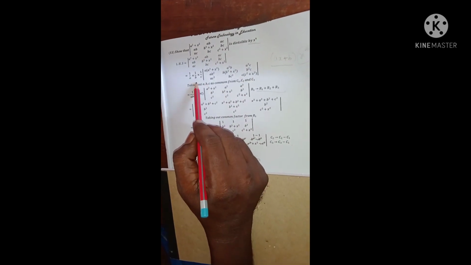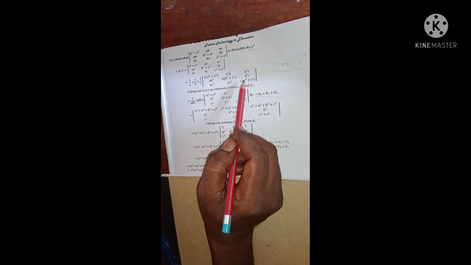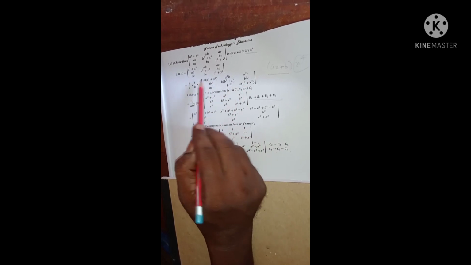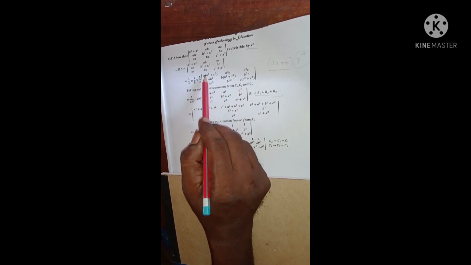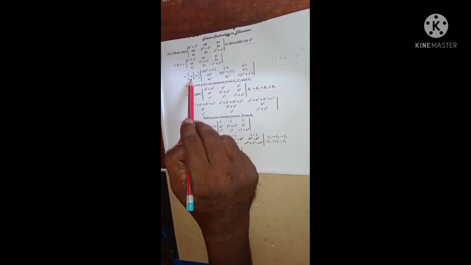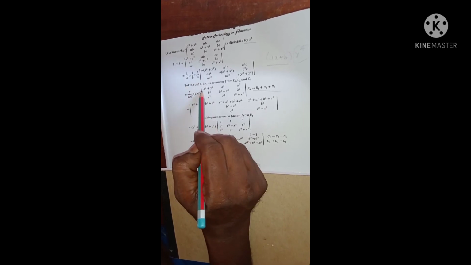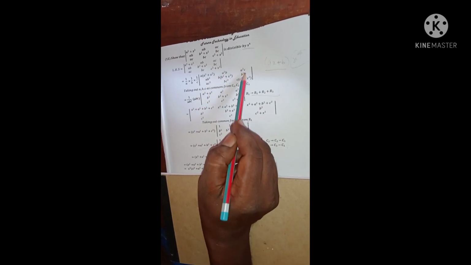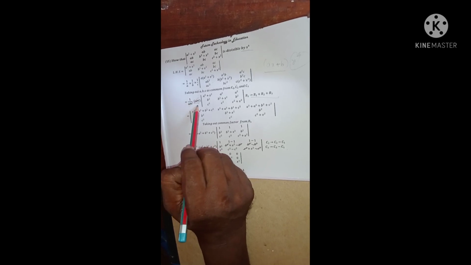Now we take out the common terms A, B, C column wise. In the previous step we multiplied by A, B, C row wise, so now we take out the common term column wise, giving 1 by A, 1 by B, 1 by C. Taking out A, B, C column wise, ABC into 1 by ABC is cancelled.